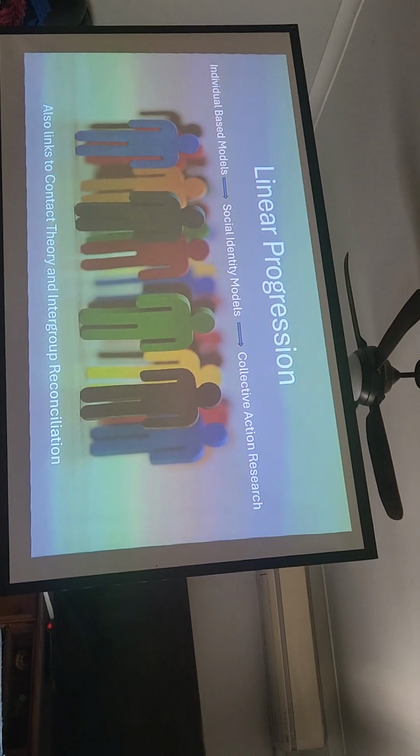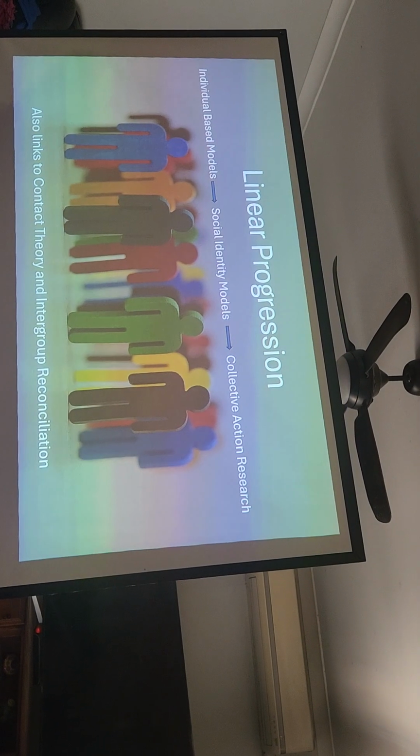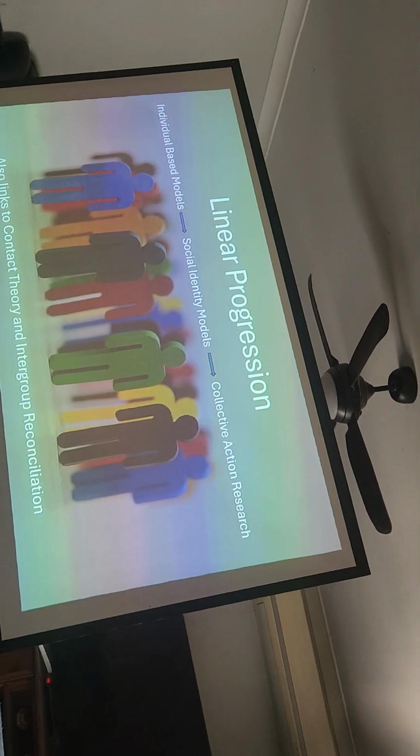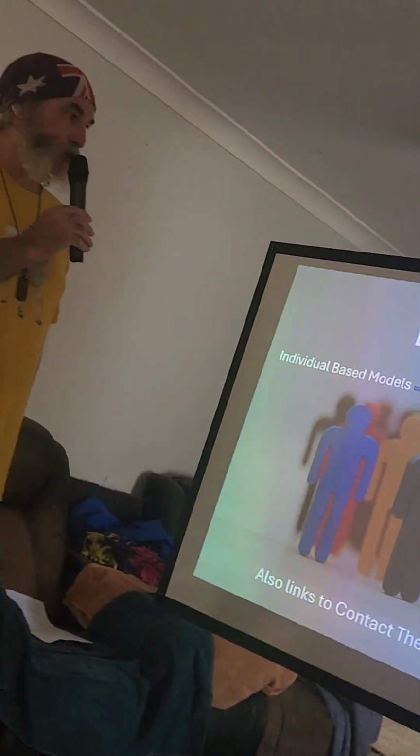Social identity theory came from individual-based models. The linear progression was from individual-based models to social identity models to what we see today, collective action research. It also links to theory and intergroup reconciliation.